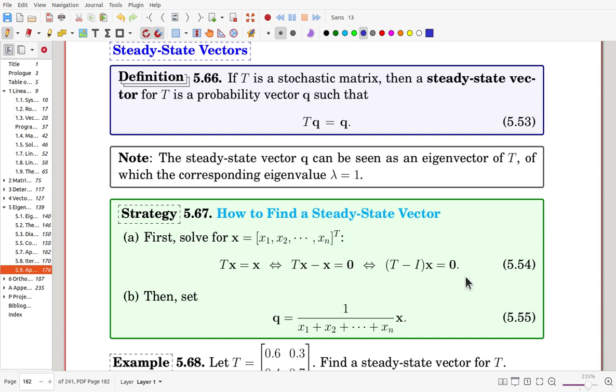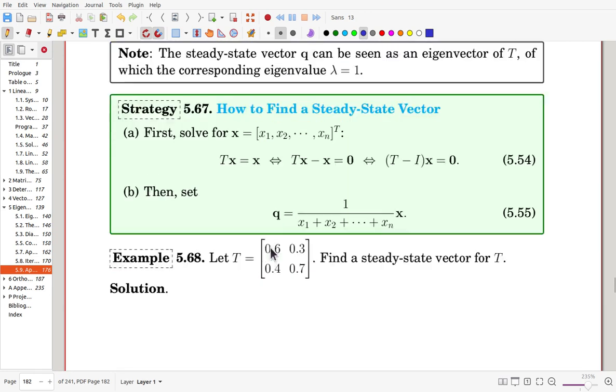After solving the problem, we choose the Q such that the summation is 1. So after finding x, we divide it by the summation of its entries. Then Q has those entries and the summation is 1.